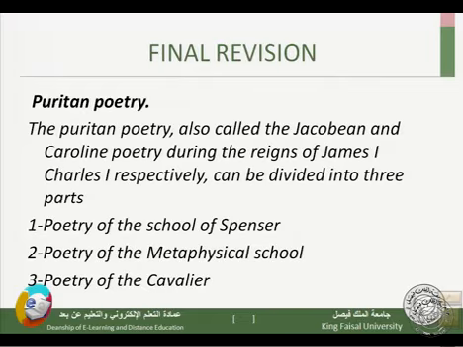Now, if we look at the genres, we find that Puritan poetry, also called the Jacobean and Caroline poetry during the reigns of James I and Charles I respectively, can be divided into three parts.